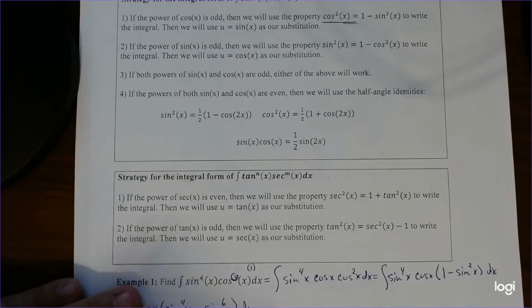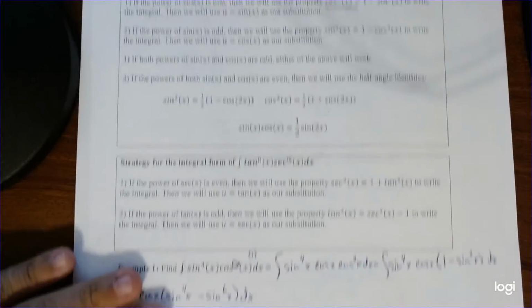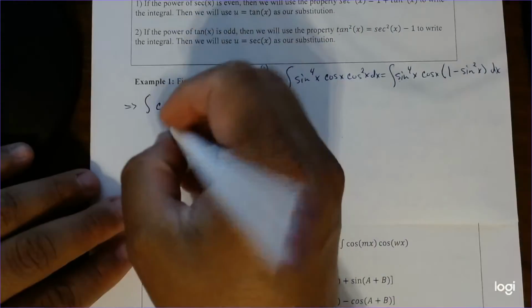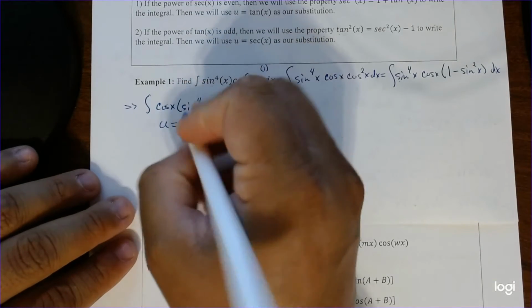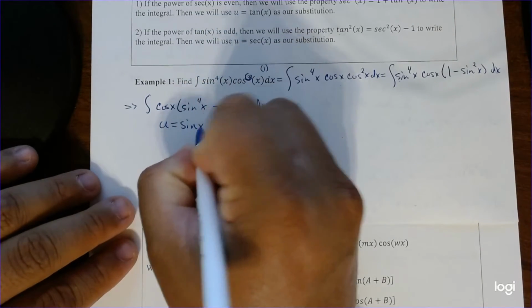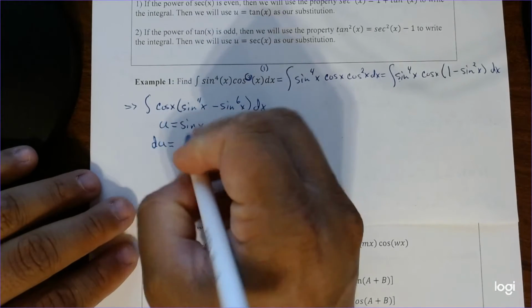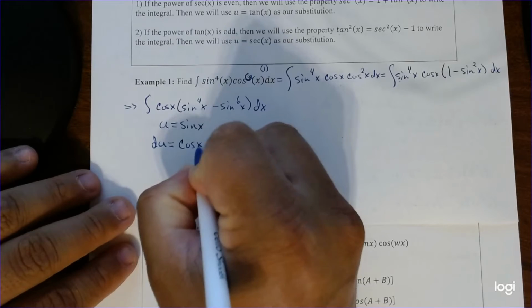It says now we're going to let u equal sine, because remember, the whole point of this is just using the u substitution method. So we're going to let u equal sine of x. So the du, the derivative, is going to be cosine of x.